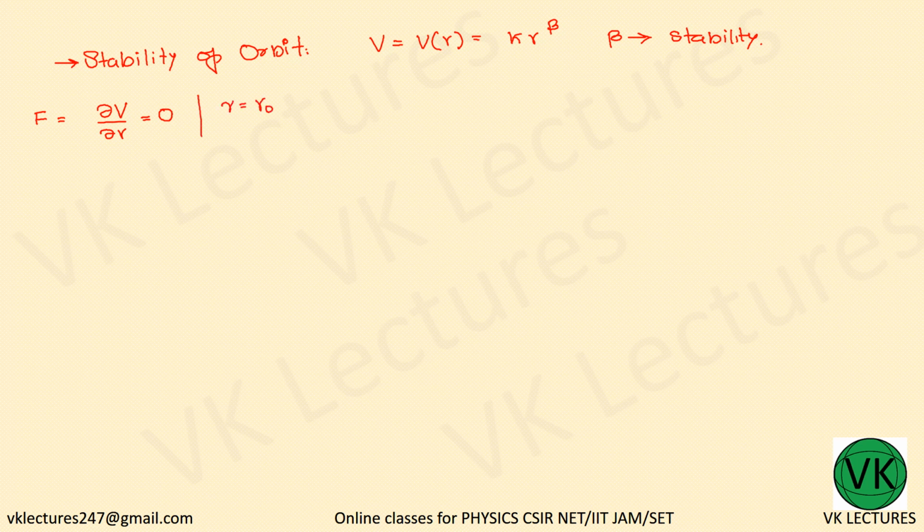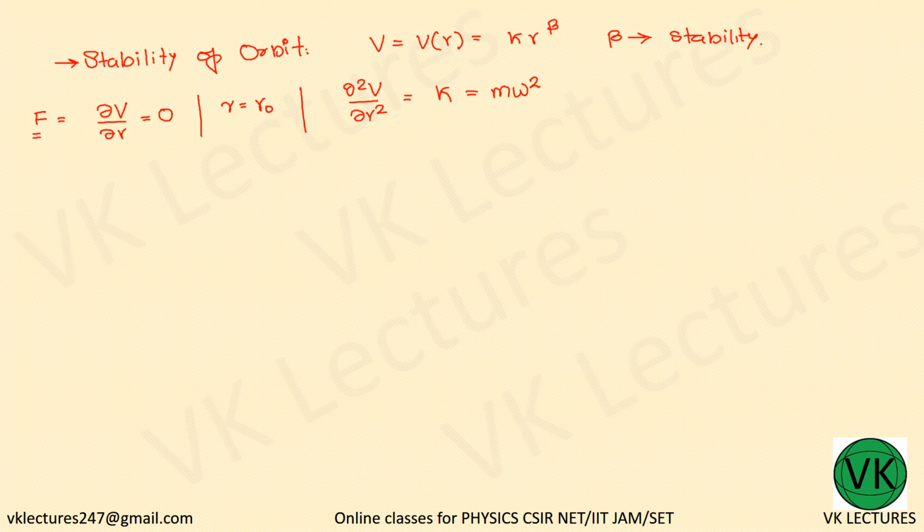That means at r equal to r naught, the first derivative of the potential is 0, which means the force is 0, and the second derivative, d square V by d r square, is nothing but the force constant k, which is given by m omega squared.